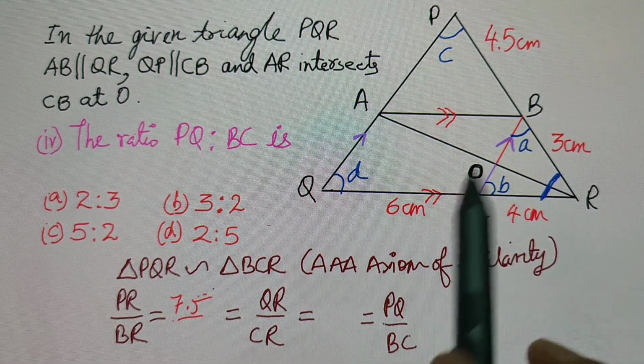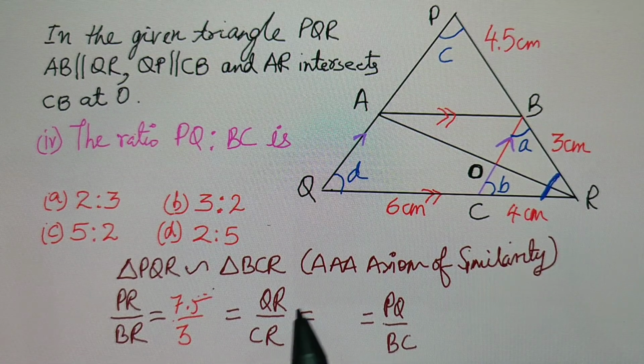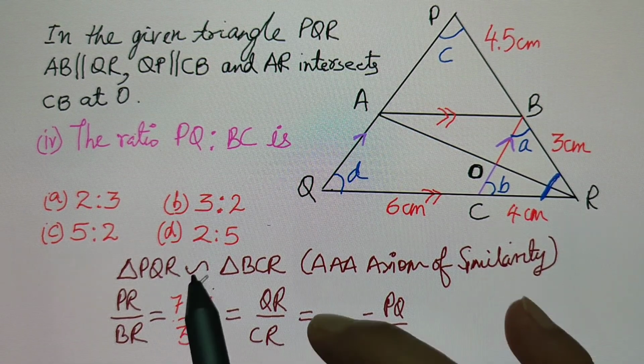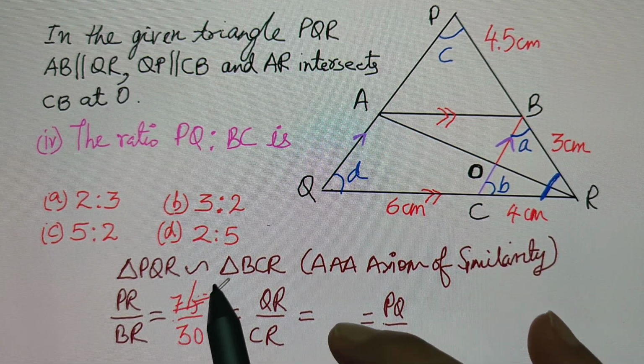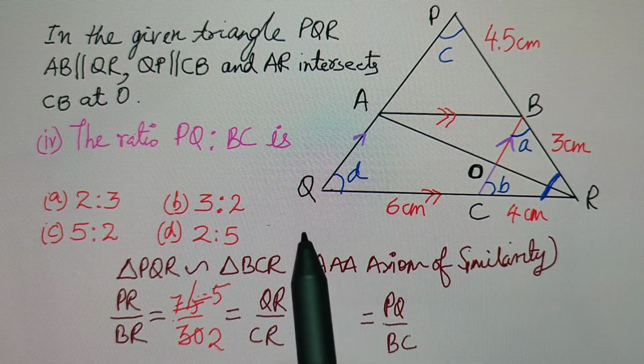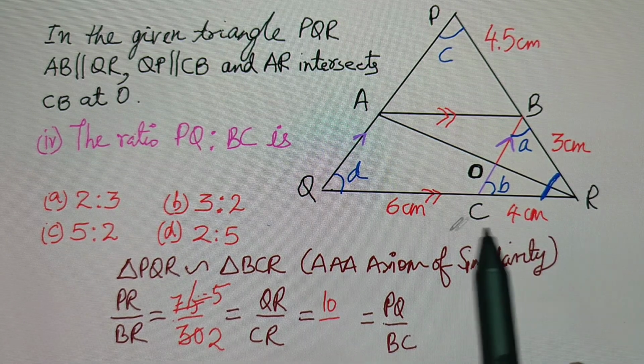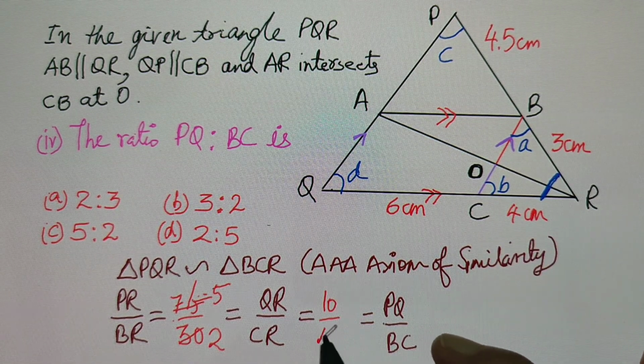Then BR, the value of BR is 3 cm, and if you cancel this and this, you get 15 5s are 75, 15 2s are 30. QR is to CR. The value of QR is 10 cm and the value of CR is 4 cm.